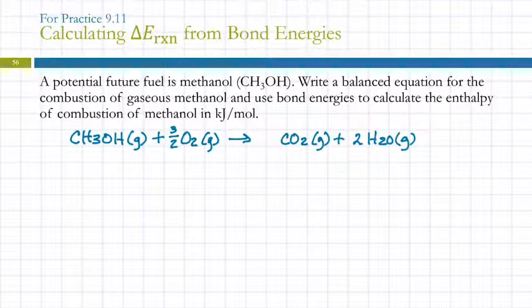So what we need to do is identify what are the bonds here. We need Lewis structures. So CH3OH. I'm not going to go over in detail the Lewis structure business here. But that's the Lewis structure for methanol.